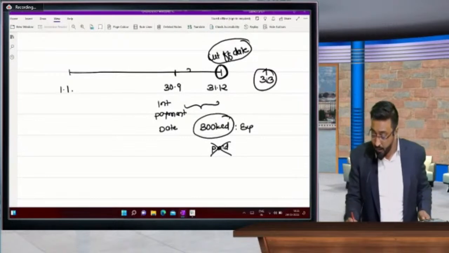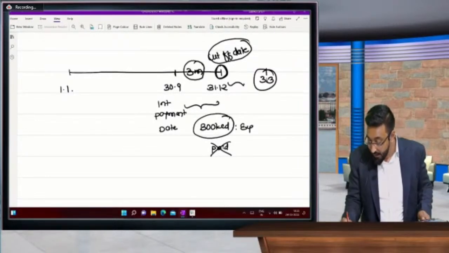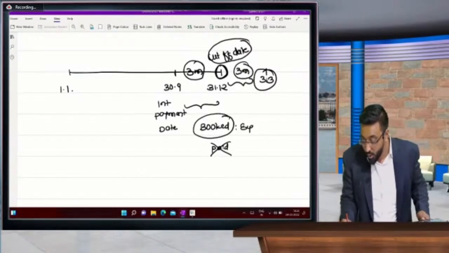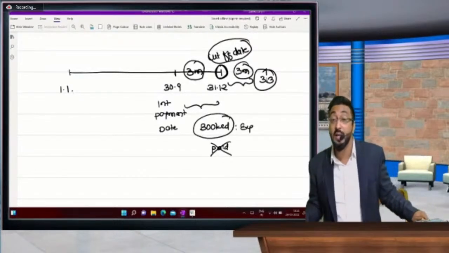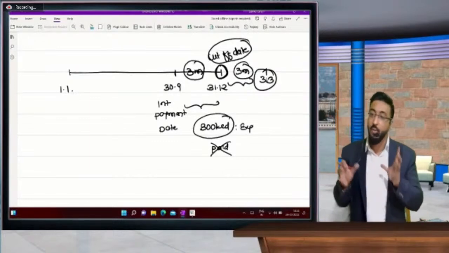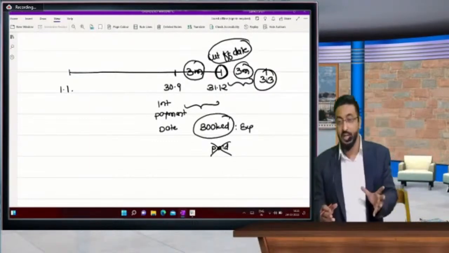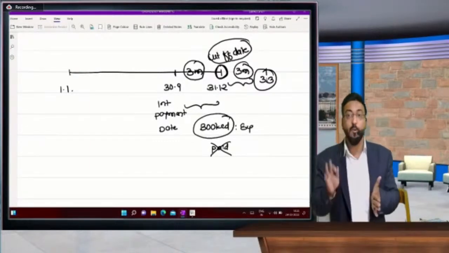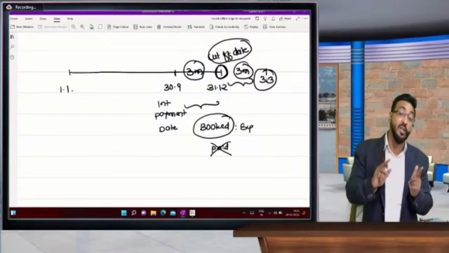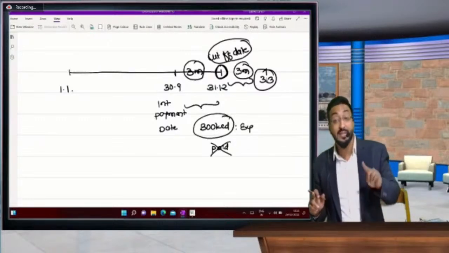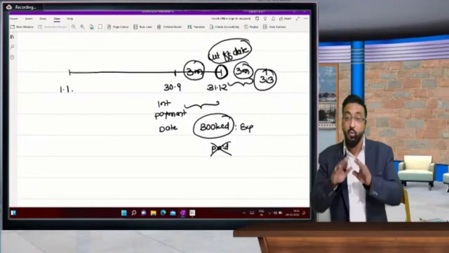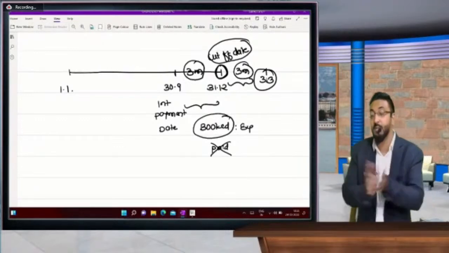So 3 months interest we will record in this year, and 3 months interest as per accrual concept we will record in next year. So 6 months interest we divide into 3 months parts.